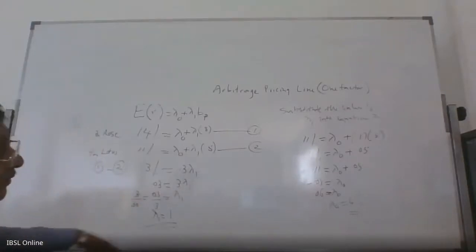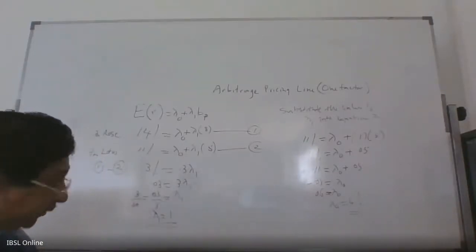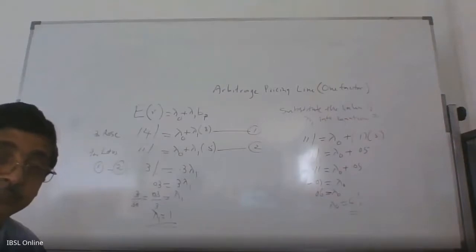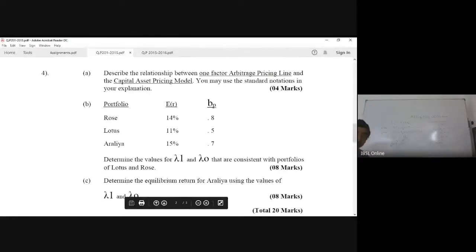Right. So the last part of the calculation is that, and if you go into the second part of the question, determine the equilibrium return for Aralia using the values of lambda 1 and lambda 0. But 15% we don't know whether it is the equilibrium return. So we can make use of this one factor model, and you can have lambda 0 and lambda 1 as they are. And BP is given.